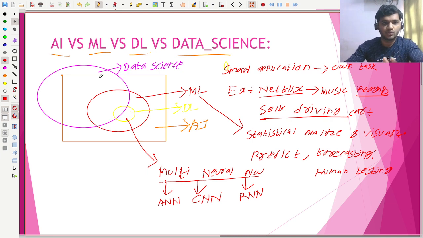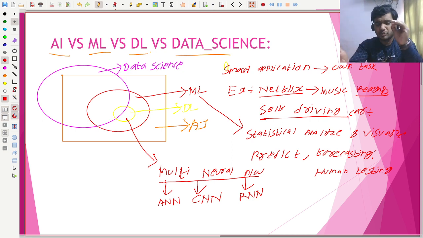What is the difference between AI, ML, DL, and data science? In simple words, AI is a broad field with various approaches to human intelligence, including machine learning and deep learning. Machine learning focuses on developing algorithms that learn from data, while deep learning specifically deals with neural network architecture.